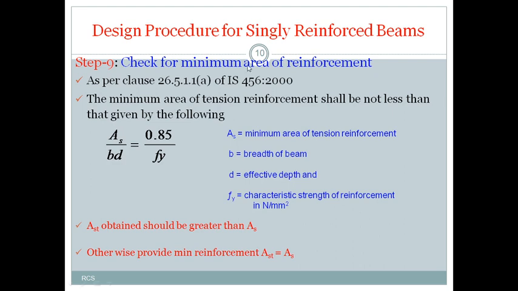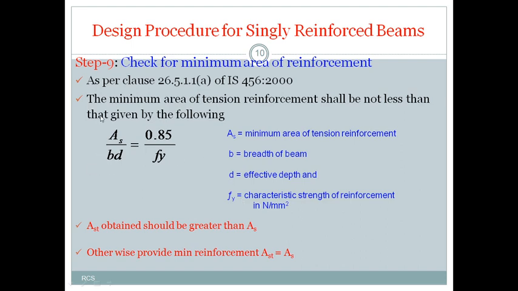According to clause 26.5.1.1a of IS 456-2000, the minimum area of tension reinforcement shall not be less than that given by As by BD equal to 0.85 by Fy. Here As is the minimum area of tension reinforcement, B is the breadth of the beam, D is the effective depth of the beam, and Fy is the characteristic strength of steel.